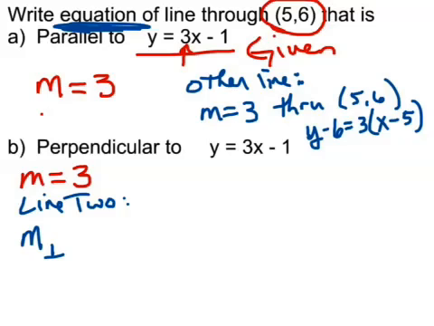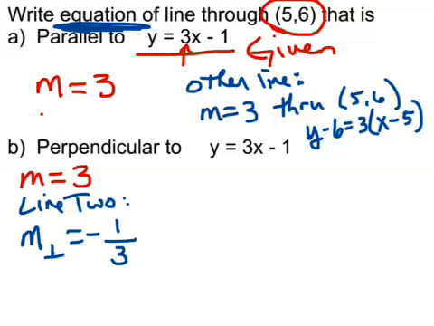The slope of the perpendicular is going to be, you've got to flip the 3 over and it becomes 1 over 3, and you need to change the sign. So the red line had a slope of 3, so therefore the perpendicular, which is blue in this case, is going to have a slope of negative 1/3.